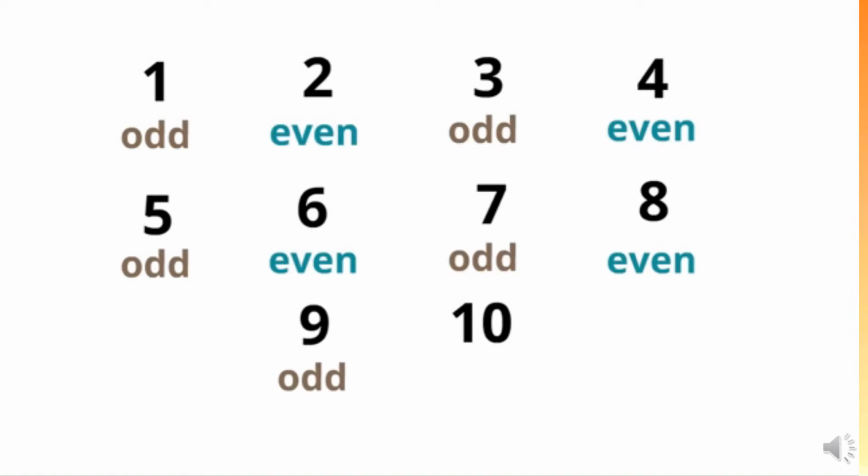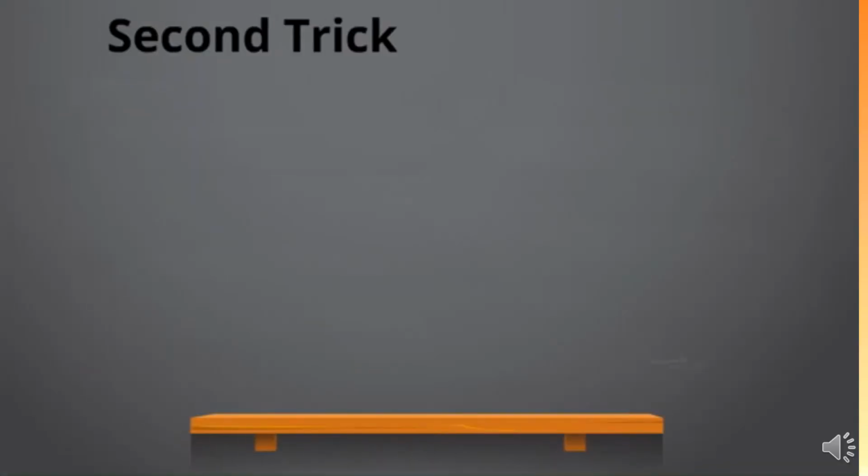And if 9 is odd, that means 10 is even. So you can notice that the pattern alternates: odd, even, odd, even, odd, even, odd, even, odd, even.